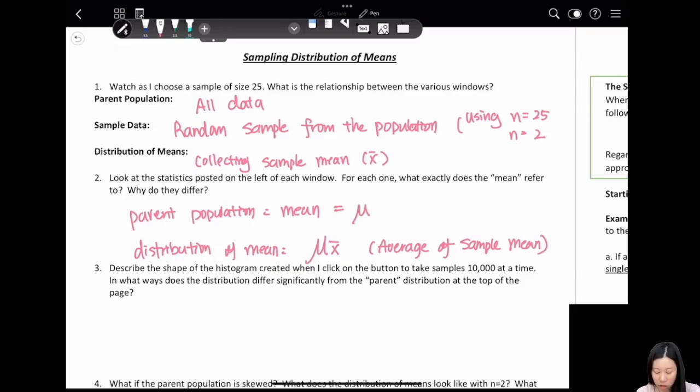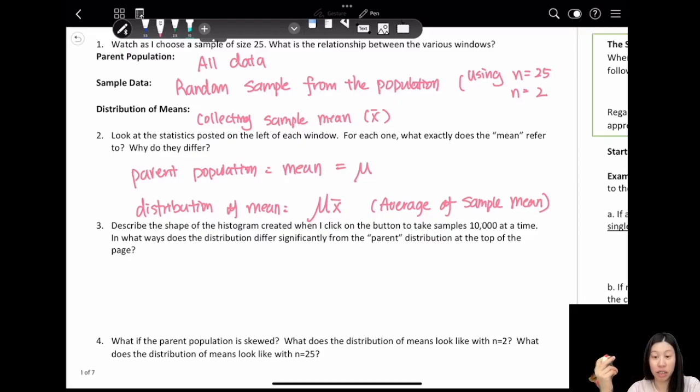Okay, so describe the shape of the histogram created when I click and take 10,000 at a time, and in what way does the distribution differ significantly from the parent distribution at the top of the page? So remember, when I click 10,000 on the third graph, the second graph is the sample that we collect from the parent function. The third one is the mean of each random sample.